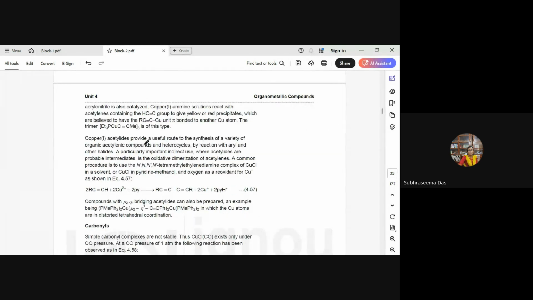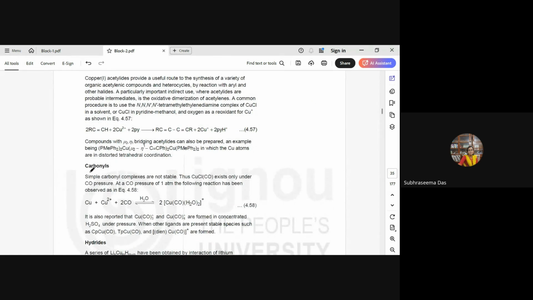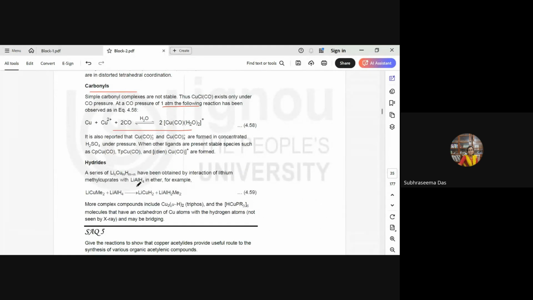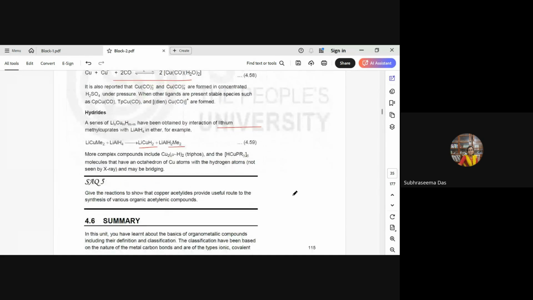Copper(I) acetylide provides a useful route for the synthesis of a variety of other organoacetylenic compounds. Copper also forms carbonyls, like CuCl(CO), which exists only under high pressure. At a CO pressure of 1 atm, the reaction has been shown here, but simple carbonyl complexes are not stable in nature. A series of hydrides have been obtained for copper by reacting with lithium, and they form lithium methyl cuprates, as shown here in equation 4.59.